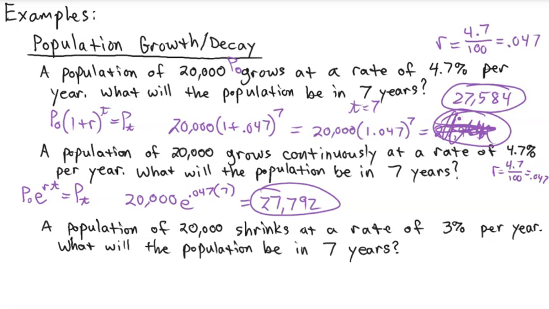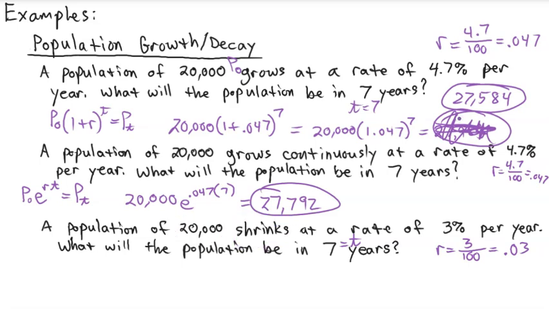All right, now let's do a decay formula where it's shrinking. A population of 20,000 shrinks at a rate of 3% per year. For 3%, our rate r is 3 divided by 100, which is 0.03. Again, we're looking at 7 years, so t is equal to 7. Our starting value is 20,000, but it's shrinking.